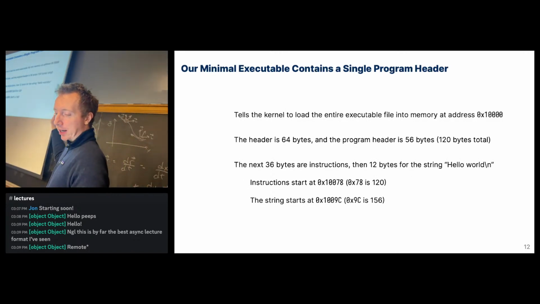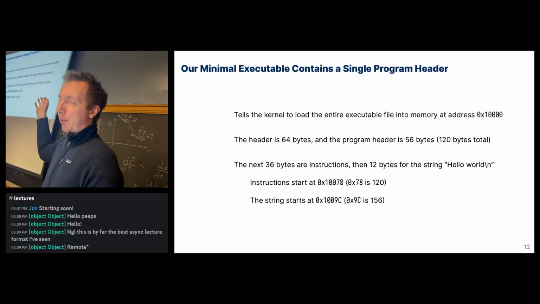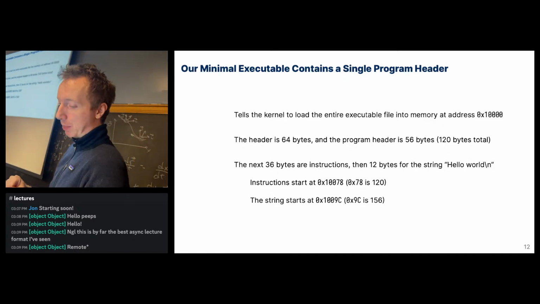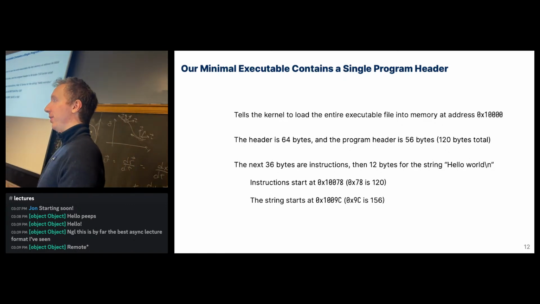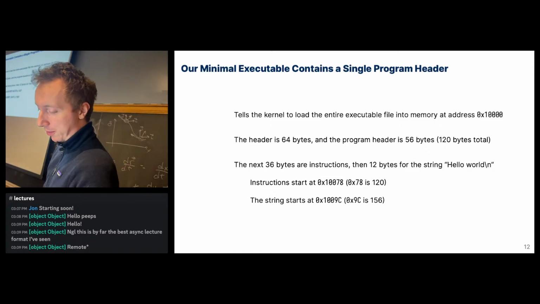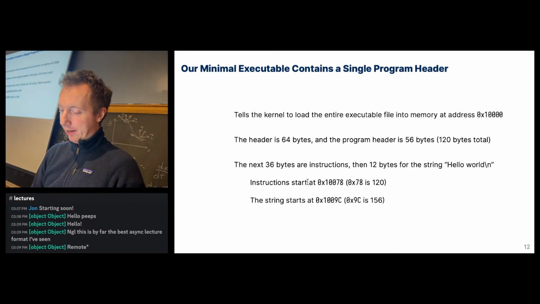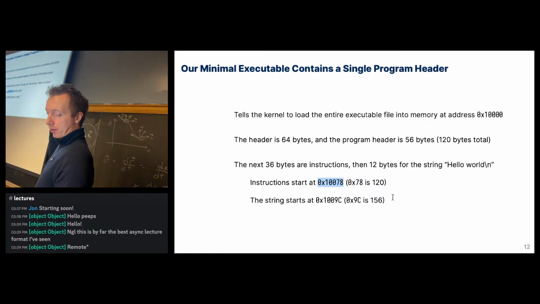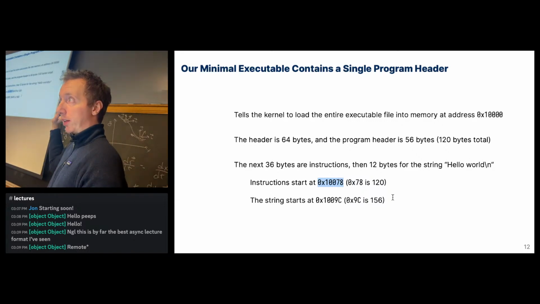So if I have that, my header files, my information about it, waste some space, and then the next 36 bytes are instructions, and then we have 12 bytes for the actual string hello world. So here, I'm just adding instruction start at 78, which is 120 in decimal.